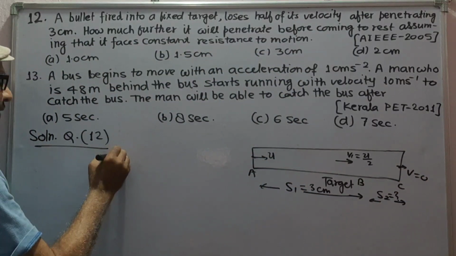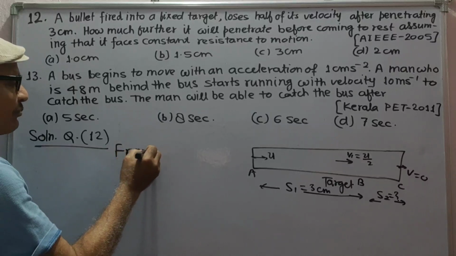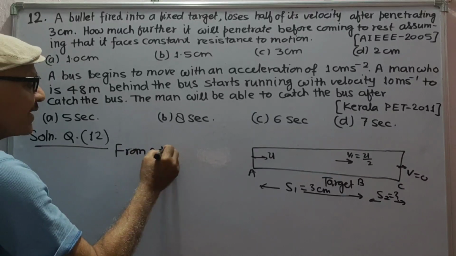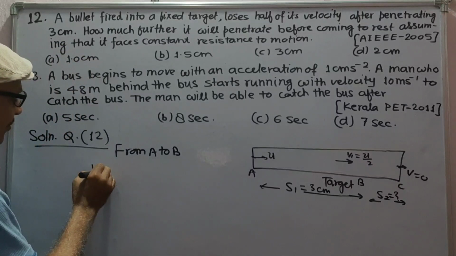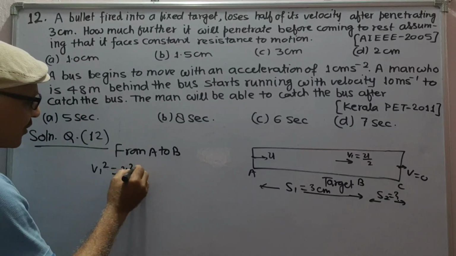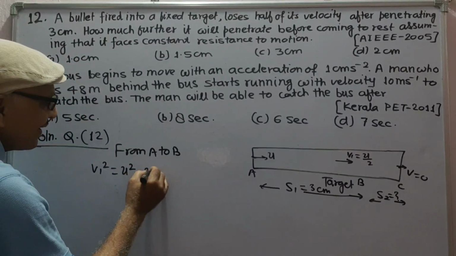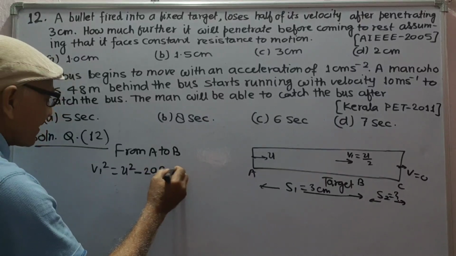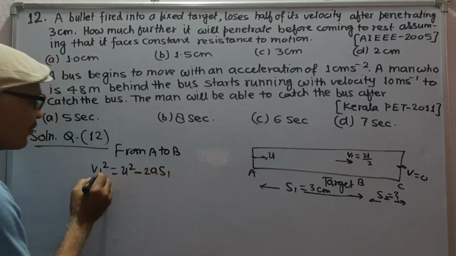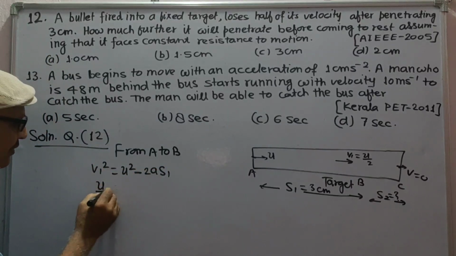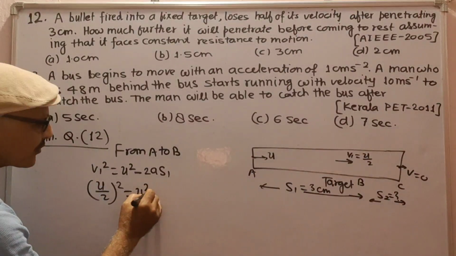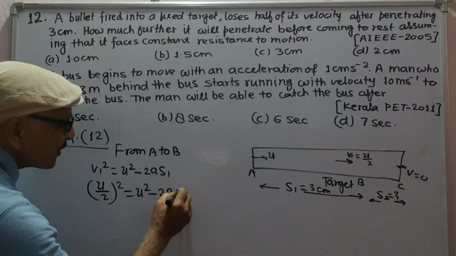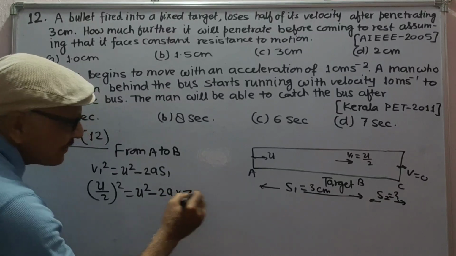Now from point A to point B, v1 square will be equal to u square minus 2a s1. v1 is u by 2, so it is u by 2 whole square is equal to u square minus 2a into s1, s1 is 3 centimeter.